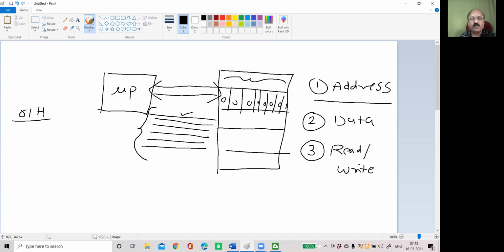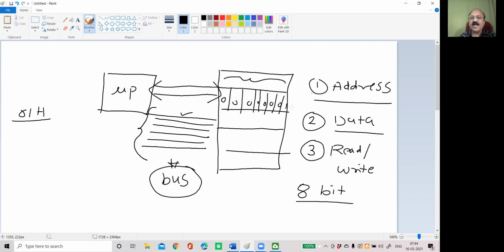How many wires will be required here? 8 wires. That particular group of wires is called a bus. The maximum width of data is 8 bits, therefore the bus is of 8 cables.